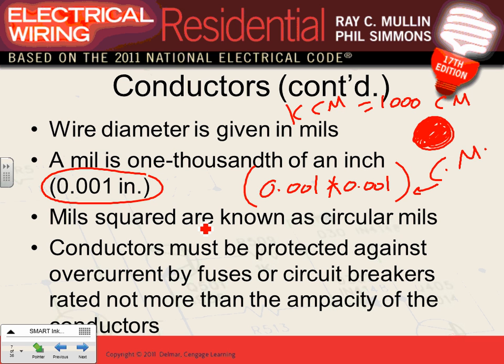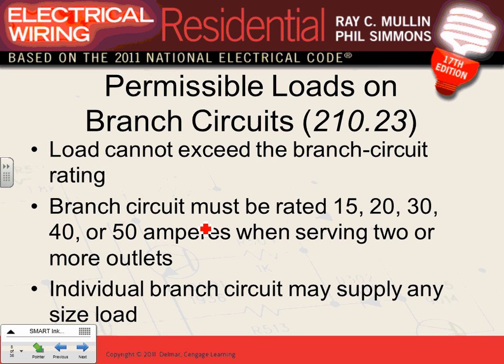So that's just FYI. We talked yesterday, guys, about how conductors must be protected against overcurrent with a fuse or a circuit breaker, and the code says that you cannot put on a conductor more than the conductor can handle. We also talked about these very important branch circuits when it comes to residential. I'm just going to say number 14 here, number 12 here, number 10 here, and number 8 here.